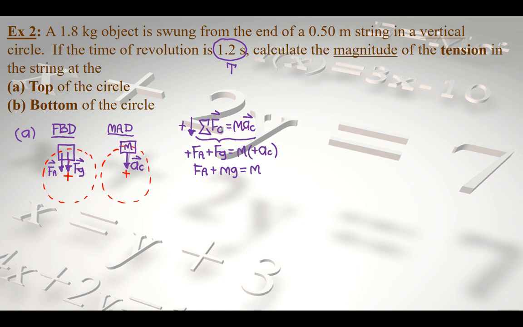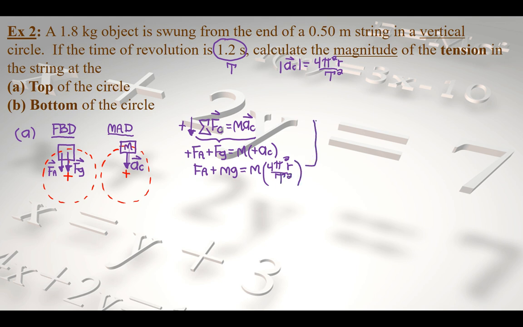So we want to make use of the other acceleration equation, and that's the equation AC is equal to 4 pi squared r, all divided by T squared. So this would then look like multiplied by 4 pi squared r, and then divide this by T squared.